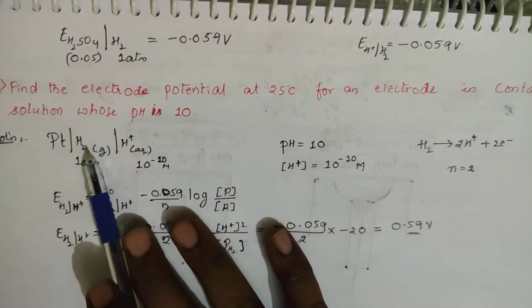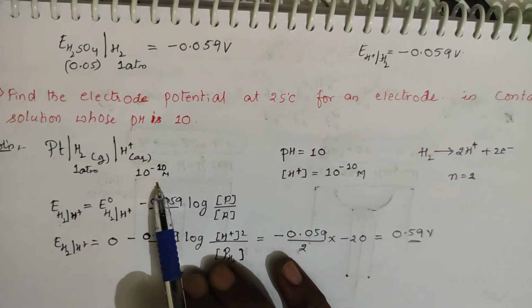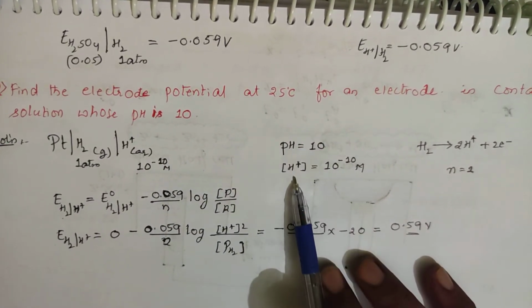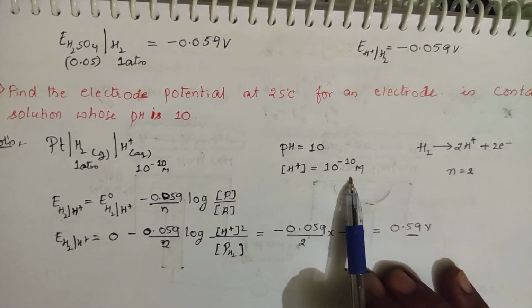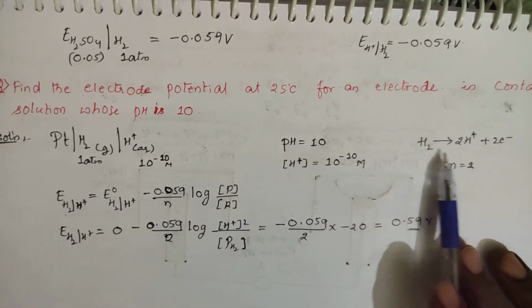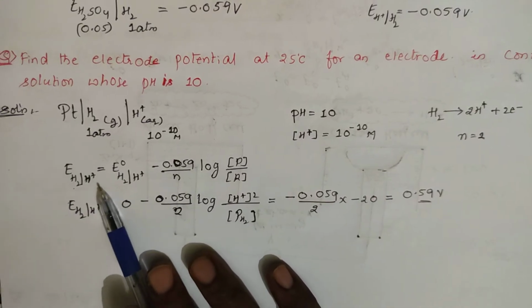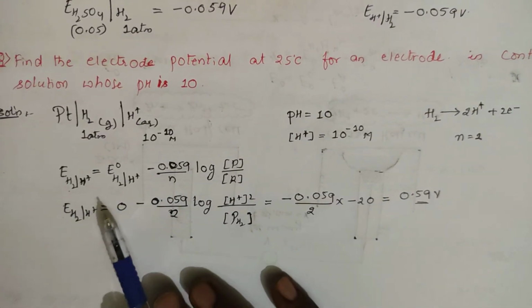Okay, platinum H2 slash aqueous condition. This is the condition. pH is equal to 10, which means H plus will be equal to 10 power minus 10. H2 is getting converted to 2H plus and electrons. So if you want it in this pattern, E of H2 to H plus, this is the oxidation way.